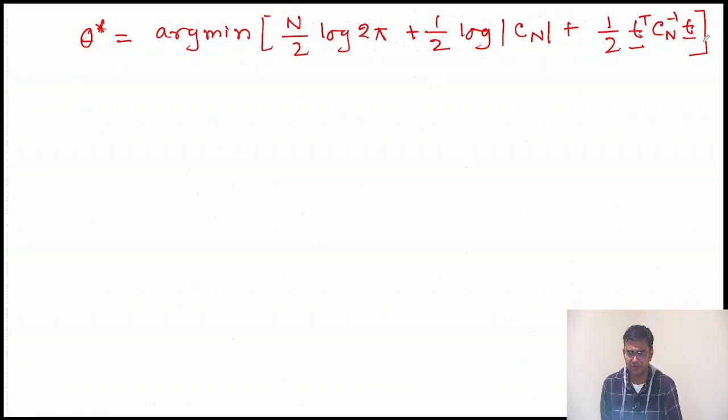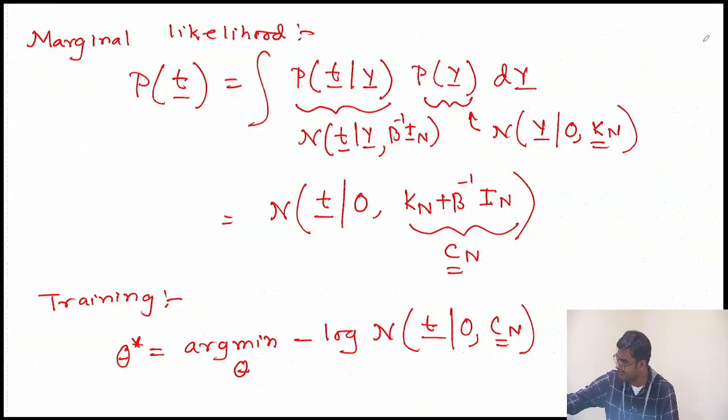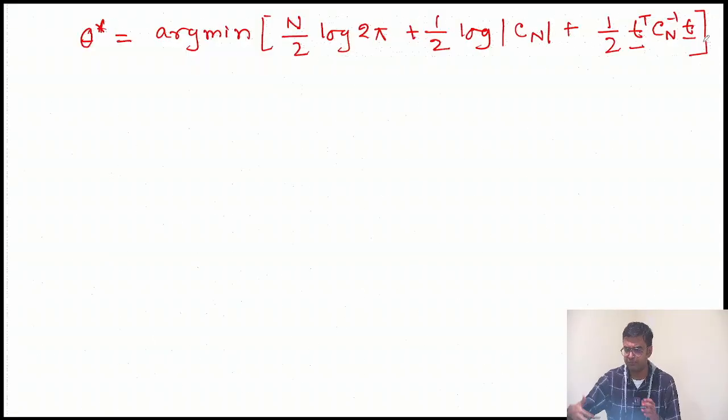And how do you get this? Just write the expression of the Gaussian and take the log. 2 pi to the power minus n by 2, log of that gives n by 2 log 2 pi. Determinant of C_n to the power minus half comes outside as the log determinant. And log of exponential of minus half t transpose C_n inverse t: the exponential and log cancel out, and the inside term comes here.